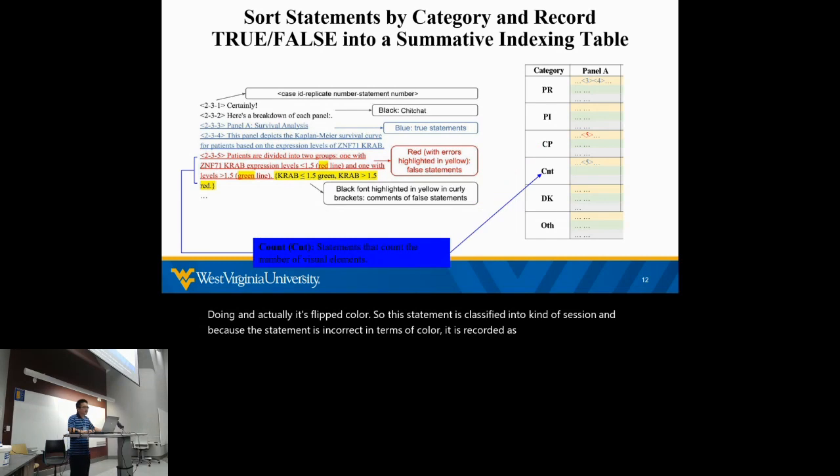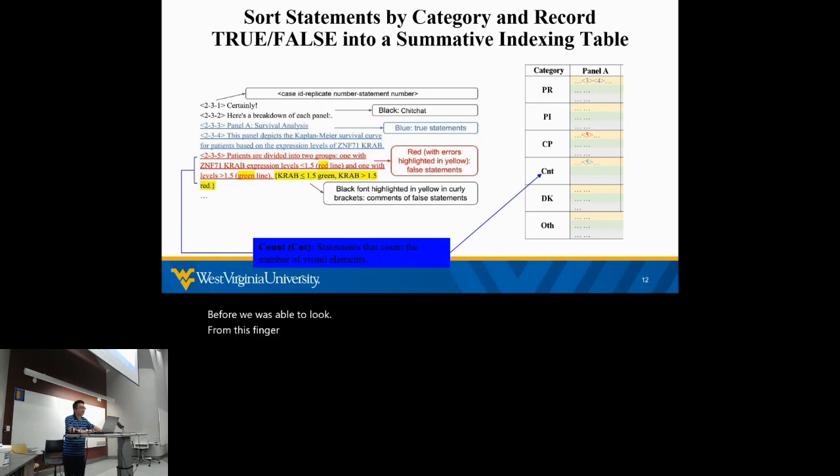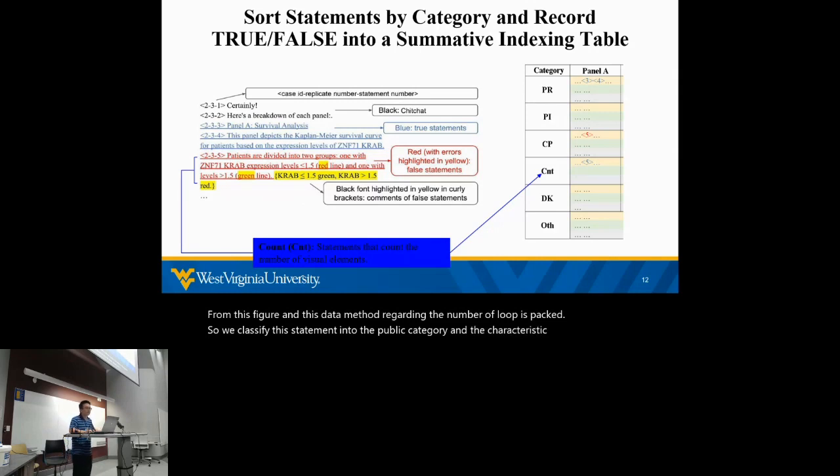The same statement also talks about groups, because at the beginning we didn't mention the number of groups. GPT-4V was able to detect two groups from this figure, and this statement regarding the number of groups is correct. So we classify this statement into the count category and color code it as blue because it's correct.